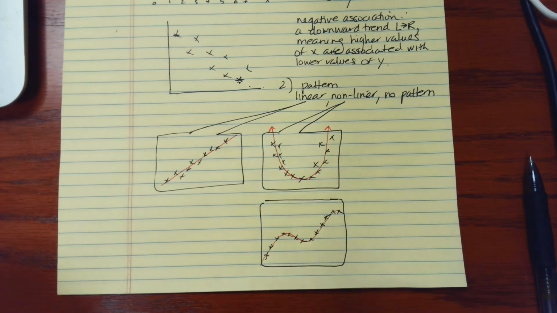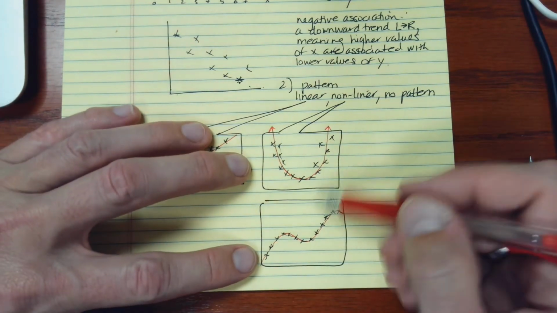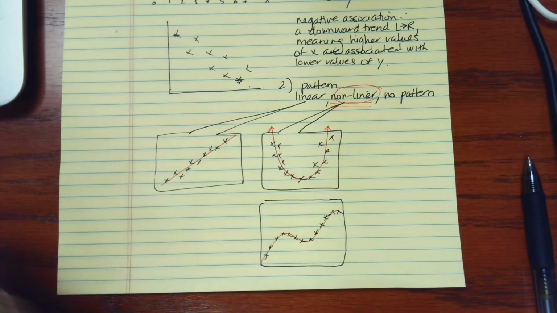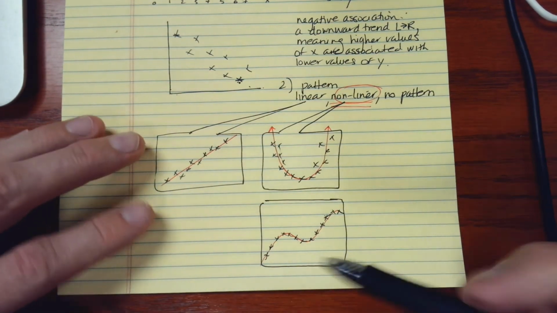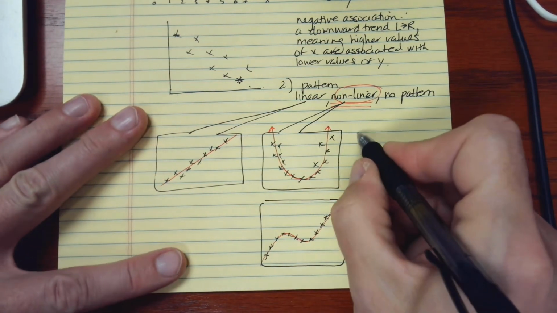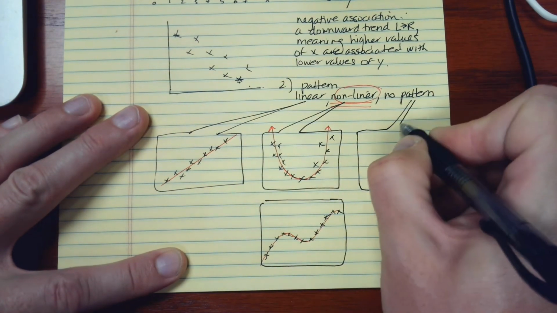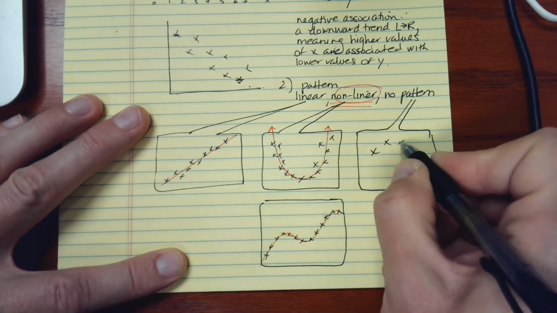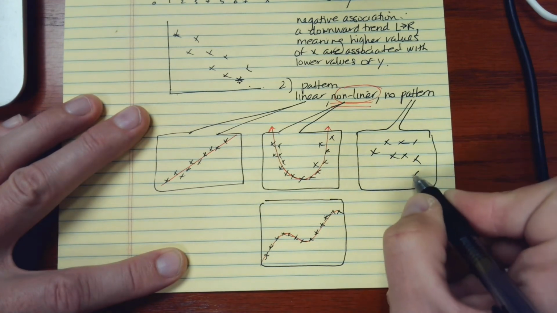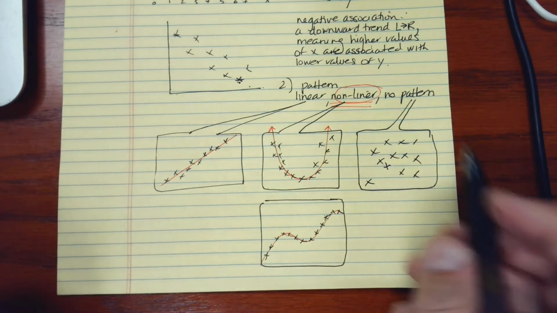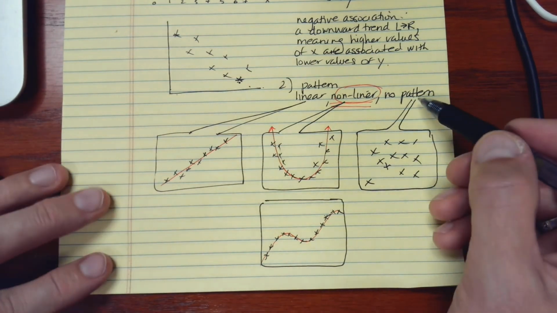It's not a straight line pattern. So both of these we would just say it's a pattern, but it's not a straight line. It is nonlinear. Now the final option here would be there's just no pattern. And so for that, we would just expect some sort of random display in our scatter plot. So maybe things are just all over the place. So that would be no pattern.